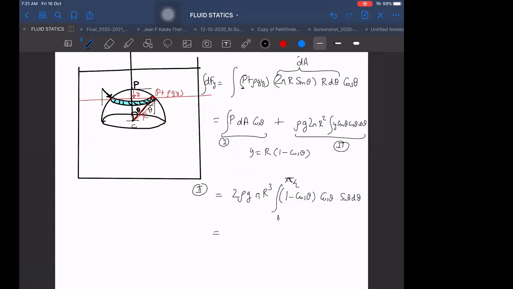Do the integration part now. I hope you could do it easily. It is not difficult. We can write d cos theta is equal to minus sin theta d theta.